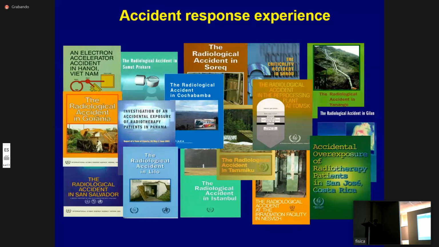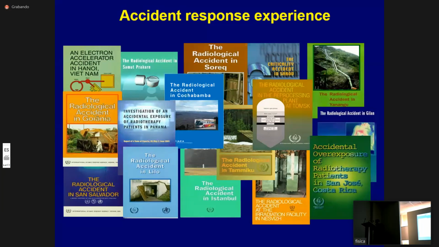Deterministic effects of radiation occur when exposed to high doses. The scientific basis for assessing the risk of developing these effects is the result of studying the consequences of accidental exposure of people.